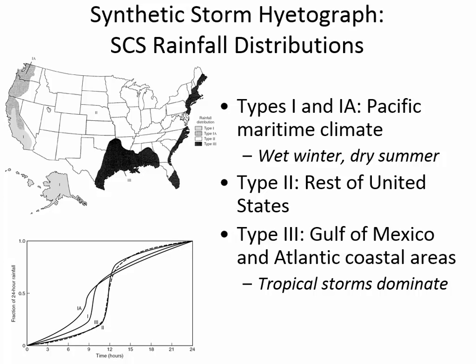Type 2 has a very, very long, steep part where most of the rain is happening over the course of just about an hour, maybe 2 hours. If you bring this down, it says that before this really intense part of the storm, it had only accumulated 20%.